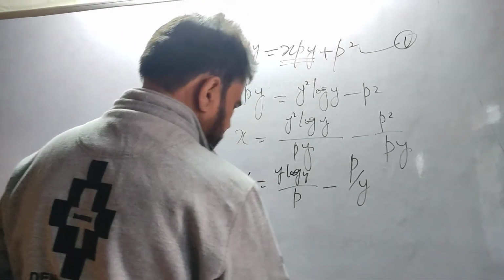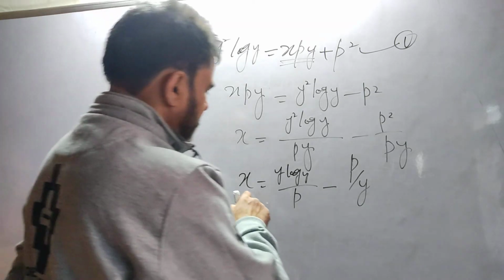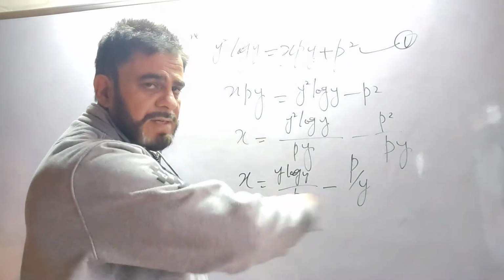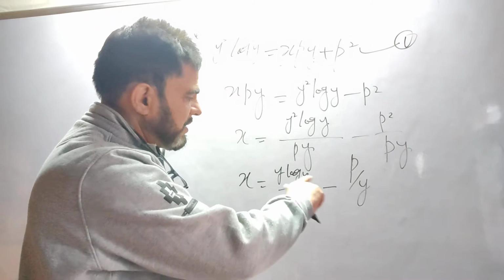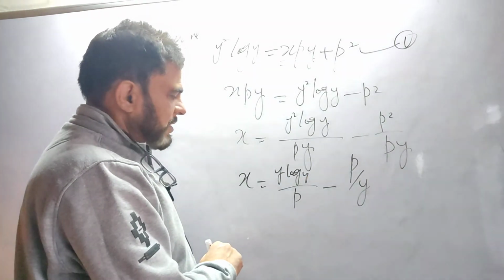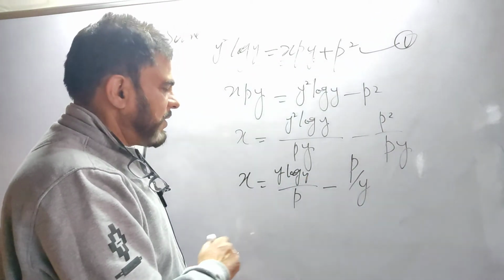Now how do you differentiate this? This is x on one side, on the other side you have explicitly y and p. So this is solvable for x.